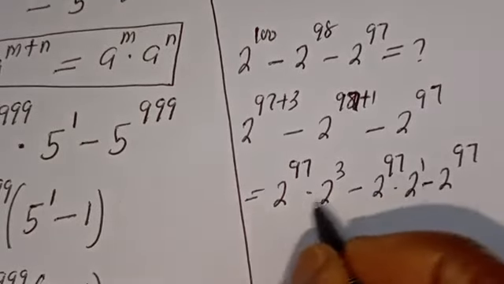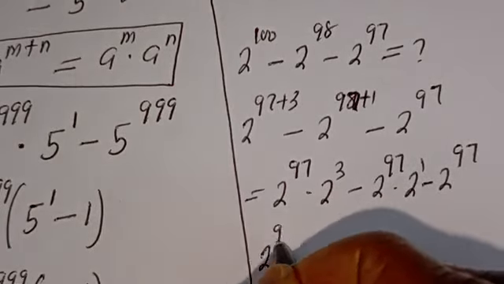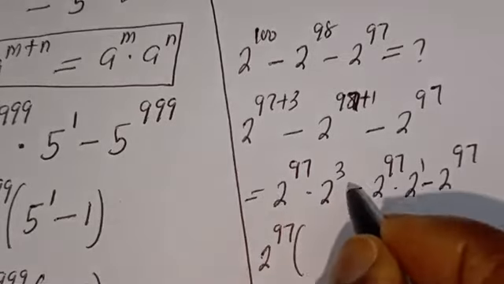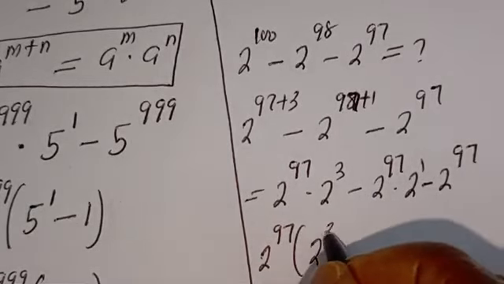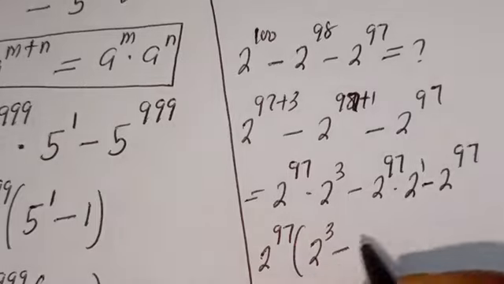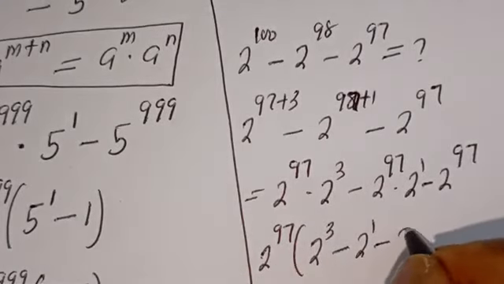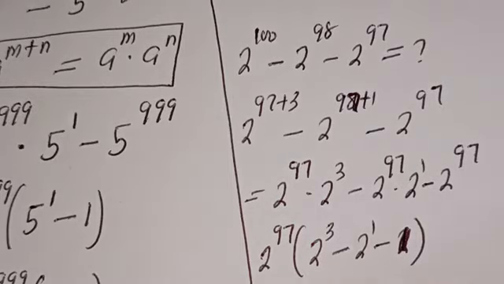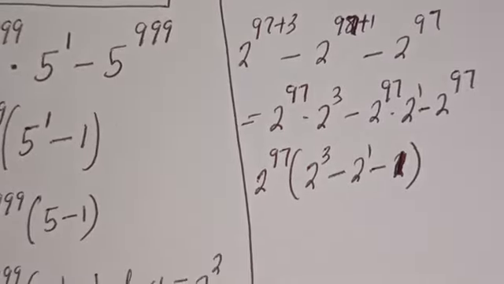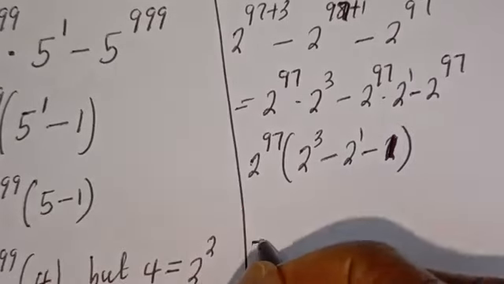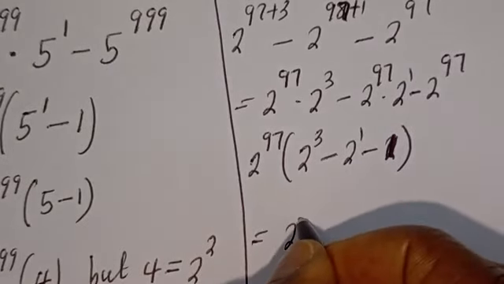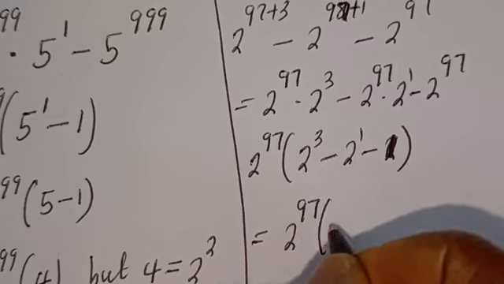And here 2 to the power of 97 is common. We have 2 to the power of 97 bracket. If you divide this by this, we have 2 to the power of 3 minus, if you divide this by this, we have 2 to the power of 1 minus, if you divide this by this, we have 1, and this is equal to 2 to the power of 97 bracket.